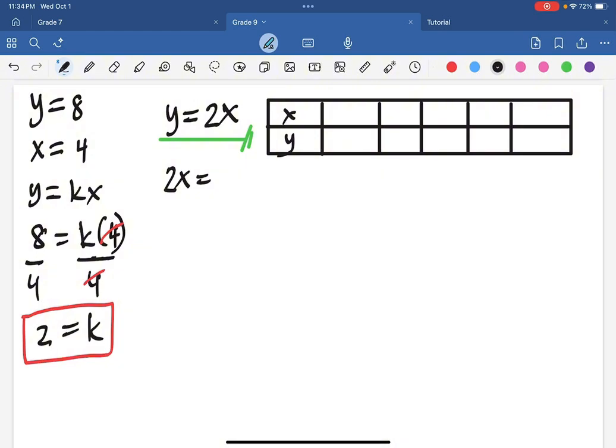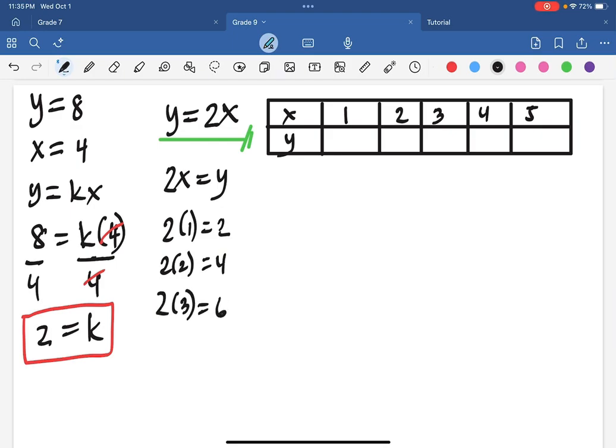Instead of focusing on y equals 2x, we could also write this as 2x equals y. So we let x be 1, 2, 3, 4, 5. So 2 times 1 equals 2, 2 times 2 is 4, 2 times 3 is 6, 2 times 4 is 8, and 2 times 5 is 10. So 2, 4, 6, 8, and 10.